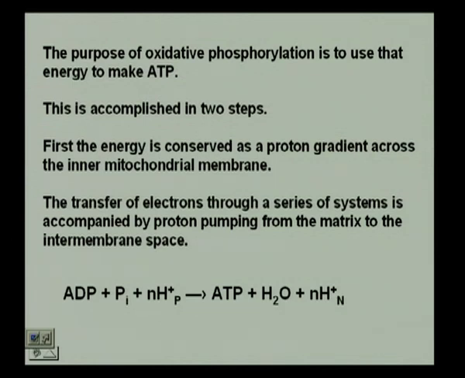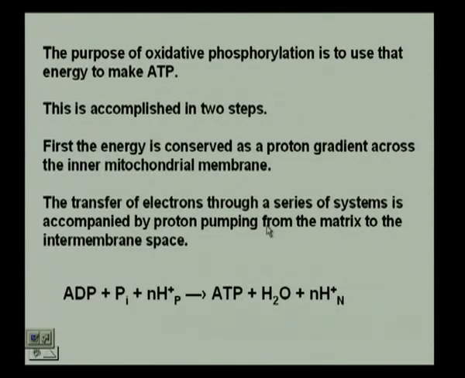Because we have the proton gradient, giving you different hydrogen ion concentrations on either side of the inner mitochondrial membrane, and therefore different pH values. So, we have a free energy contribution due to the delta pH, and a free energy contribution due to the membrane potential, because we have the negative and the positive sides of the membrane.